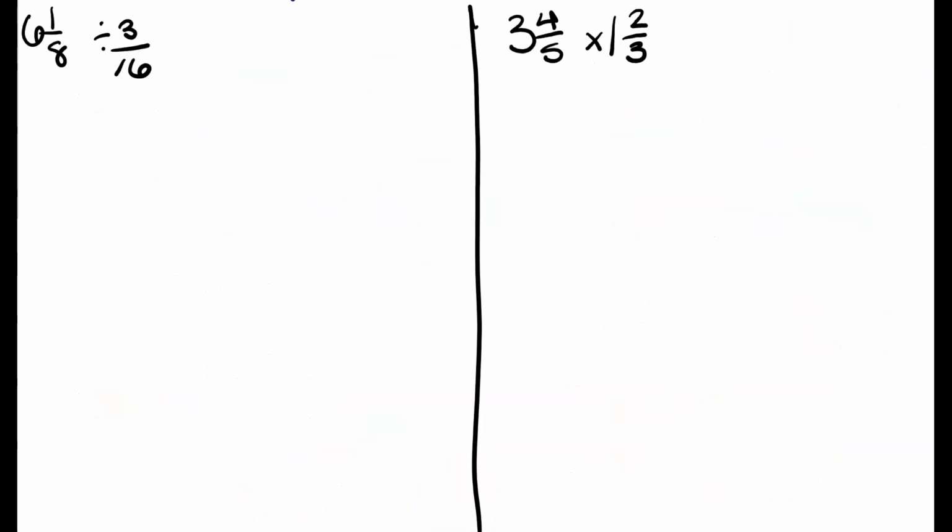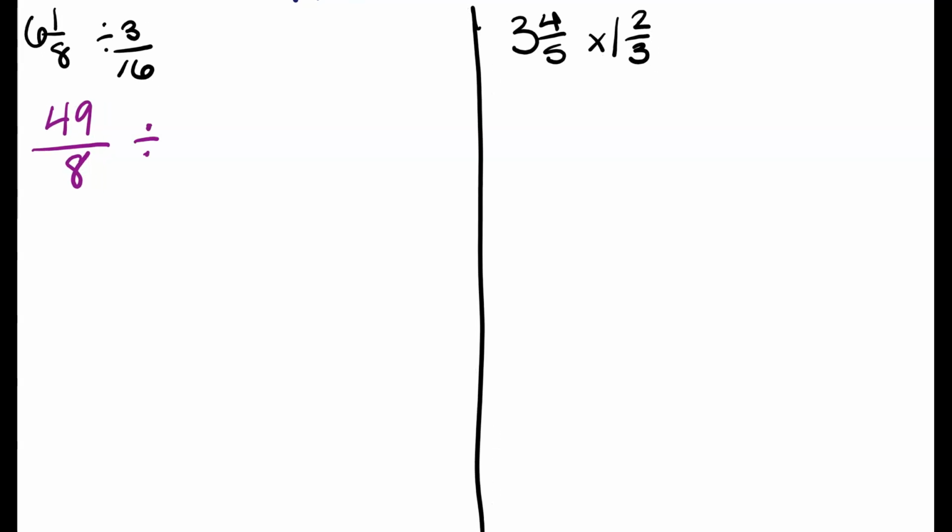Number 10, we have 6 1/8 divided by 3/16. The first thing I need to do is change this mixed number to be a fraction greater than 1, or an improper fraction. 6 1/8 is the same as saying 6 groups of 8, or 6 times 8, which is 48. And 1 left over, so 49 over our denominator of 8.